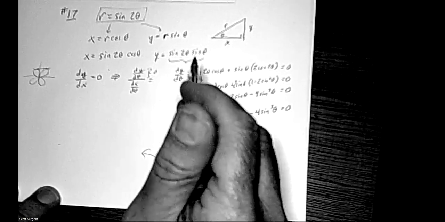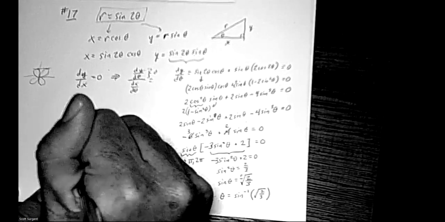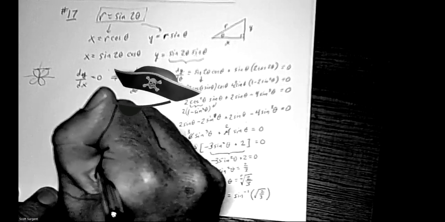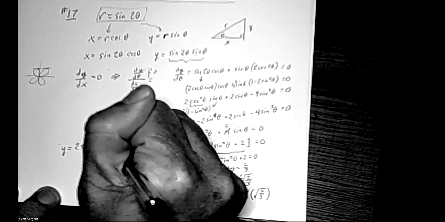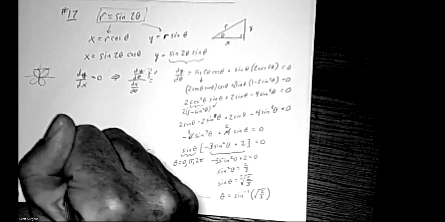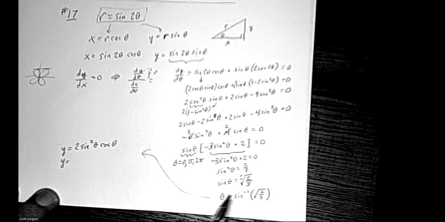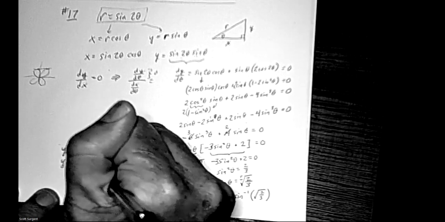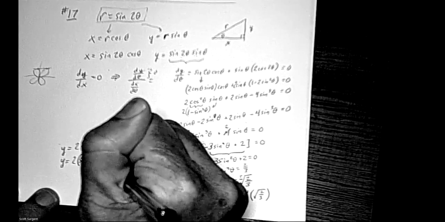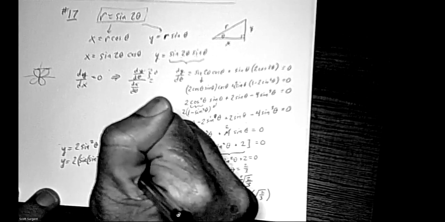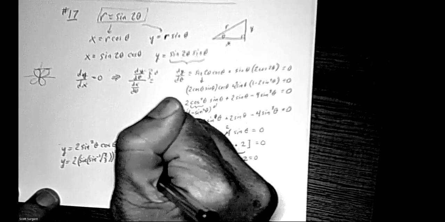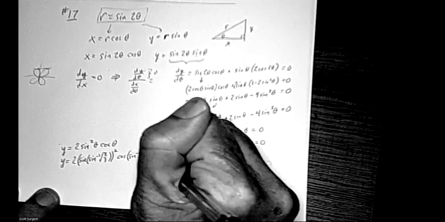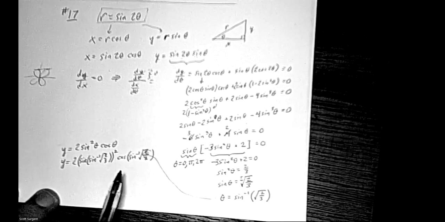Sine of two theta is two sine theta cos theta, so the two sines make a sine squared. So if I plug in inverse sine of rad two thirds here in the sine, sorry, it gets messy.